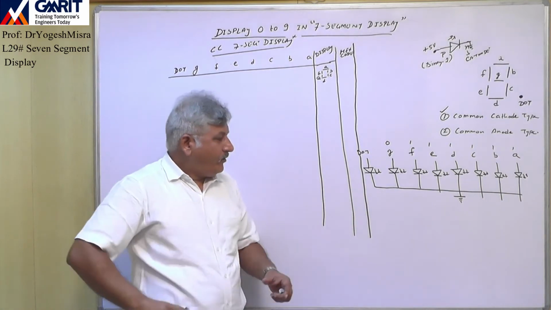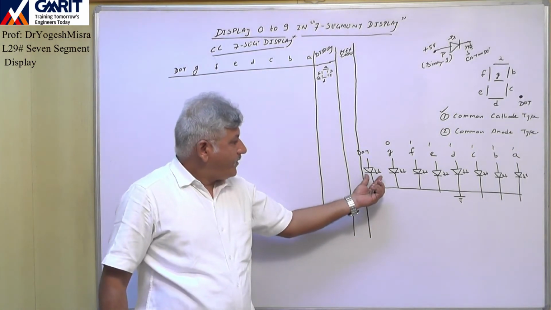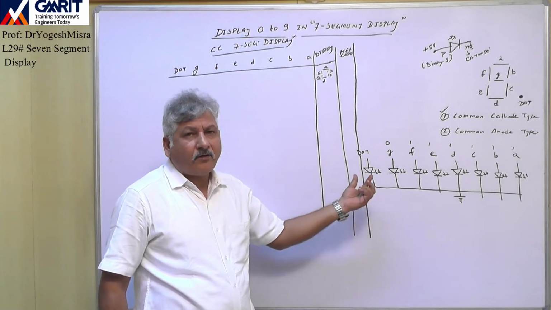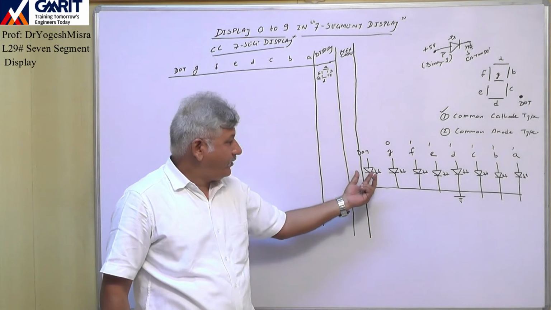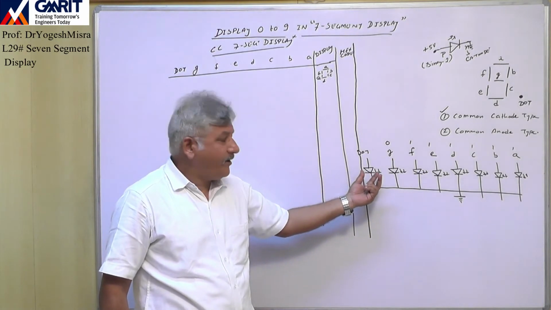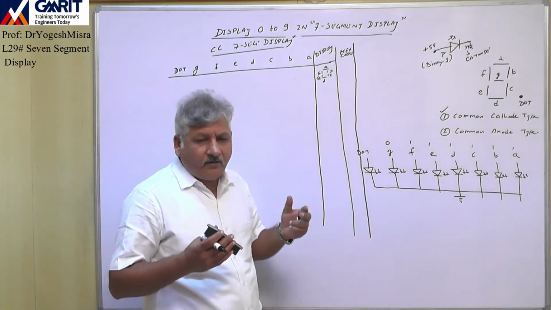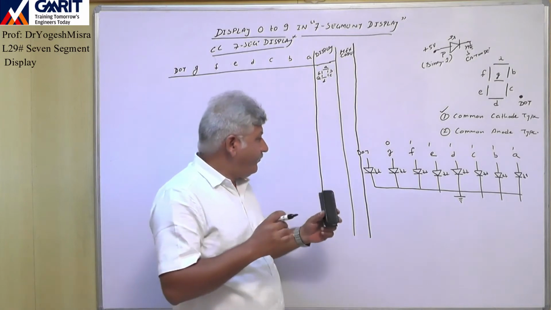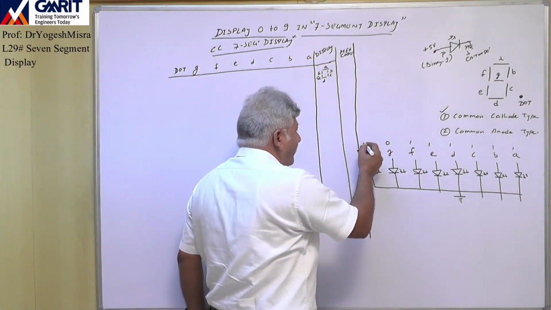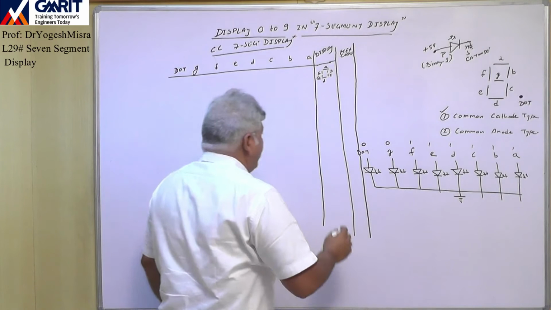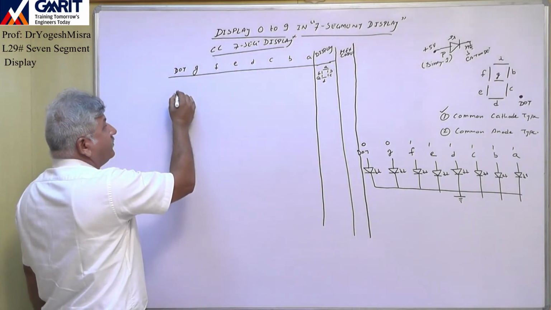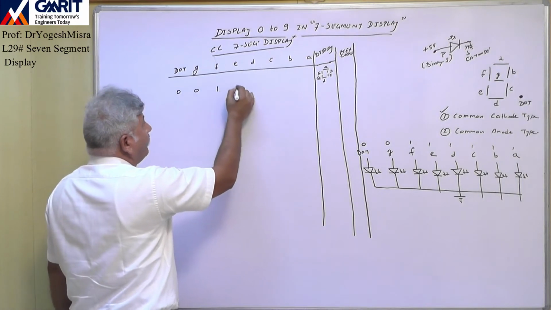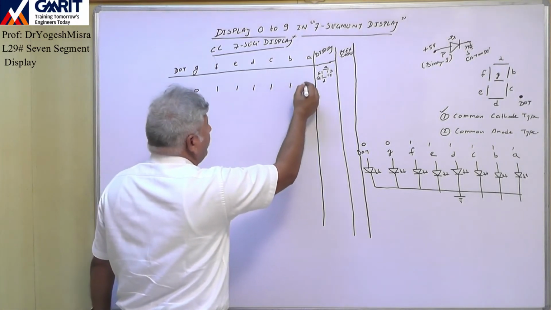And what we will do, we will make this dot off, though we can make it on also. This can also glow, or it can remain off. So we have decided that we will make this dot off. For that, we have to send 0 here. So this value we have to send to display 0: 0, 0, 1, 1, 1, 1, 1, 1.